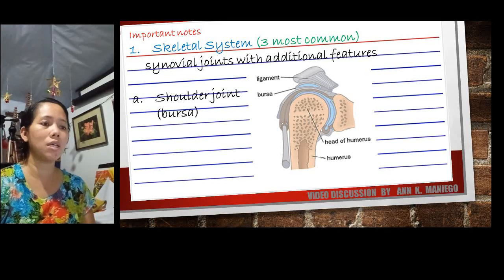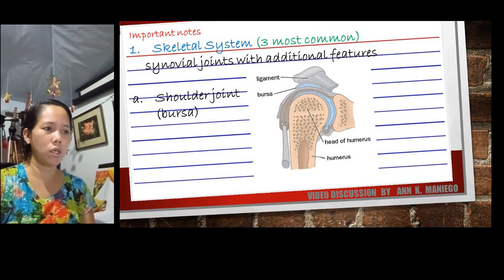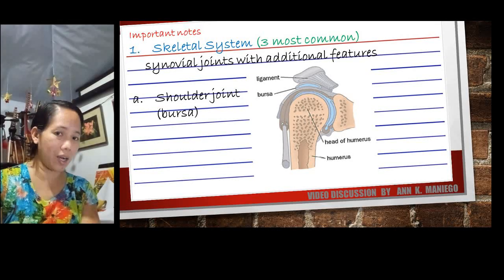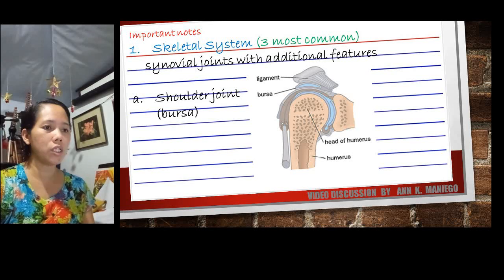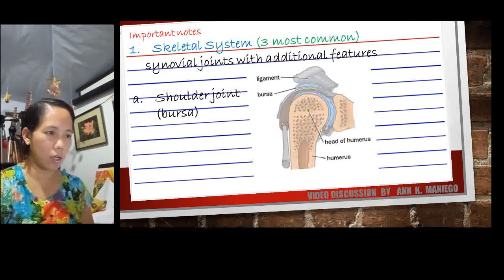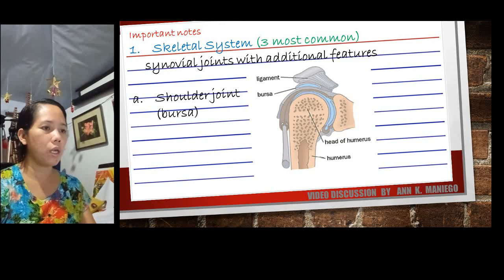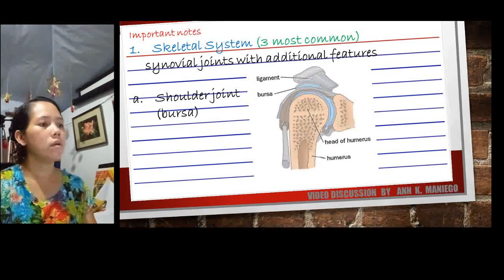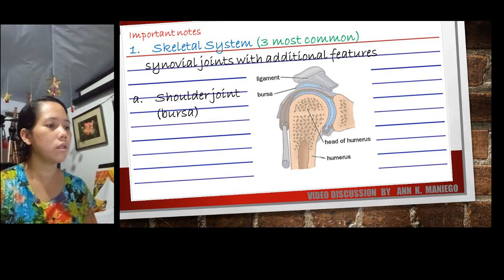So number one is the shoulder joint. So aside sa ato ang describe dito earlier, naa siya borsa, no? Naa siya borsa as you can see. So in between the ligament and another part there naa ay borsa.